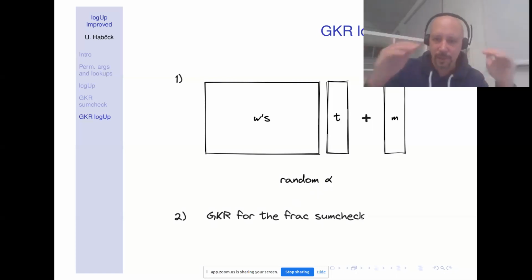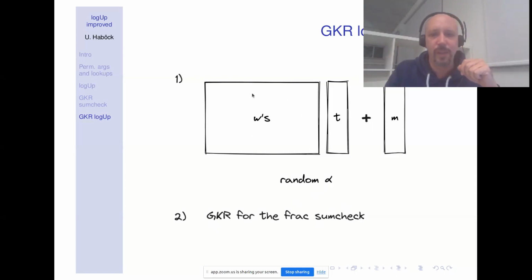And we run the GKR circuit, repeatedly running sum check, in order to reduce to a multilinear evaluation claim of the involved polynomials, which are numerator polynomials. Most of them are trivial, they don't have any numerator, it's the constant 1.